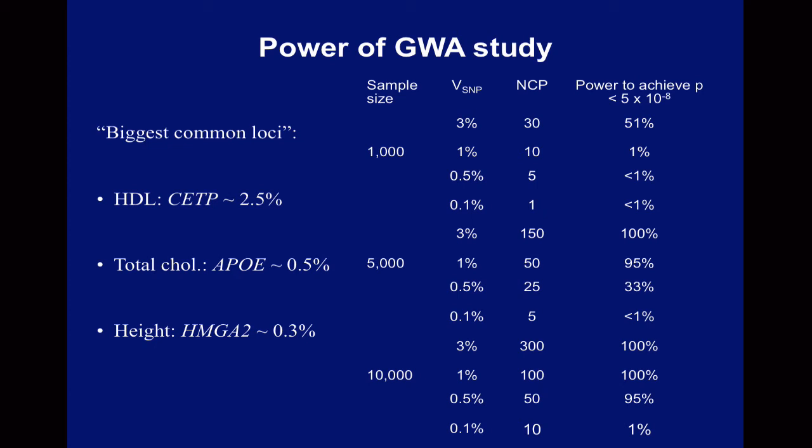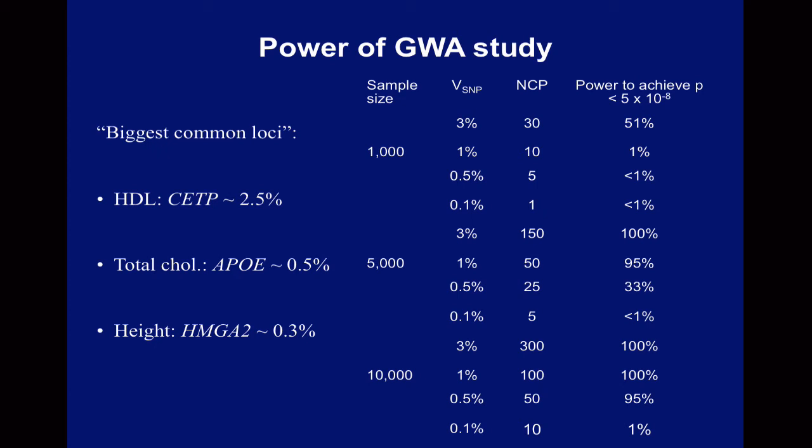You remember in the previous talk I demonstrated a Manhattan plot for HDL, and with roughly 20,000 samples we obtained a p-value of 10 to the power of minus 100. So 2.5% is a really big effect, and you shouldn't count on getting much larger effects if you analyze complex traits. This is why I take 3% as the upper limit of what I'm going to consider.